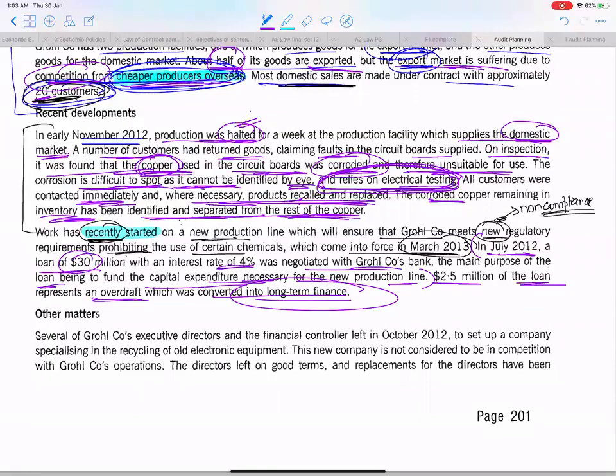Because when you convert your OD into long-term finance, this shows that you were not able to pay the overdraft on time. That's why you are requesting the bank to convert it into long-term finance, which shows its liquidity issues.